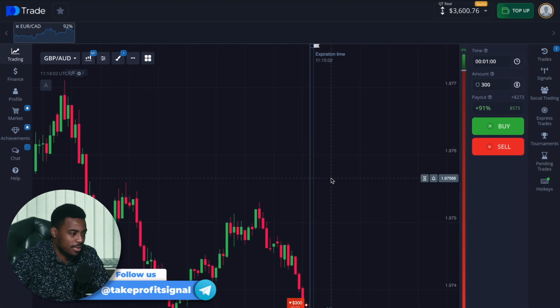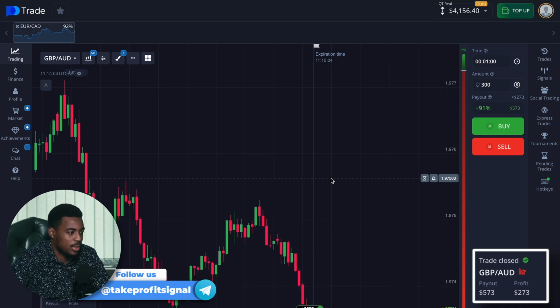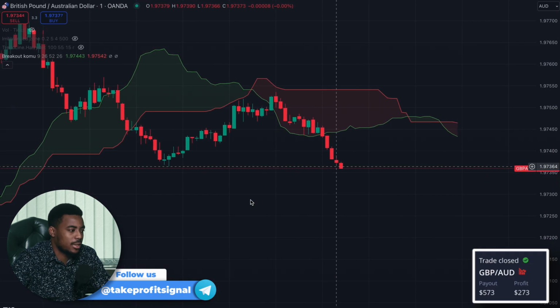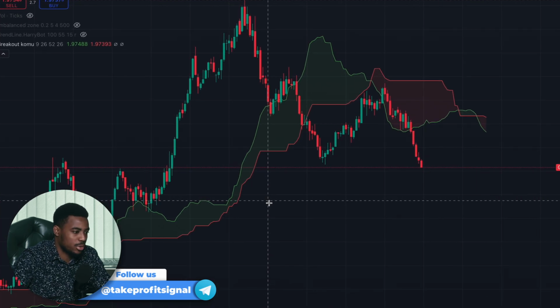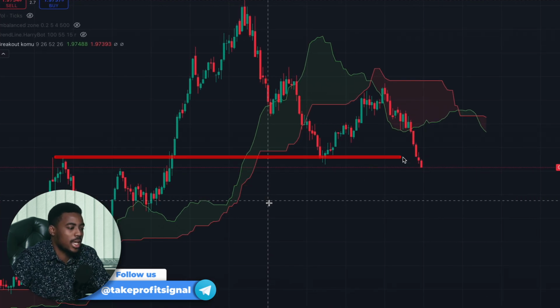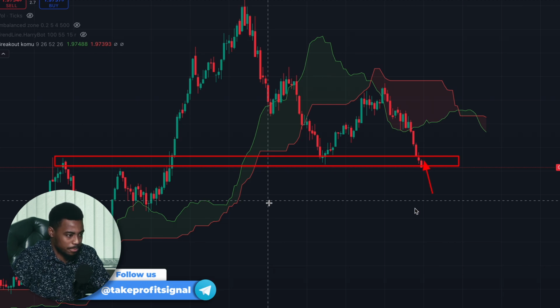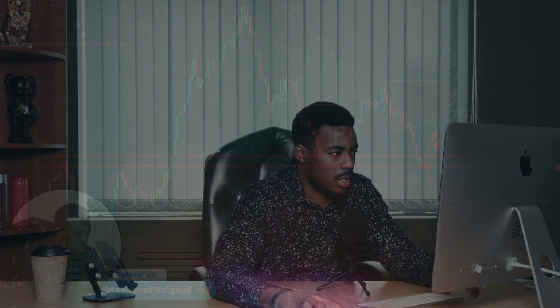You should realize that very often it happens that we have a level. Let's say here we have a horizontal level. A lot of traders can see this level, and a lot of traders can make trades from this level to buy. In principle, everyone will not be right. It's logical, but we must understand that the market is evolving.